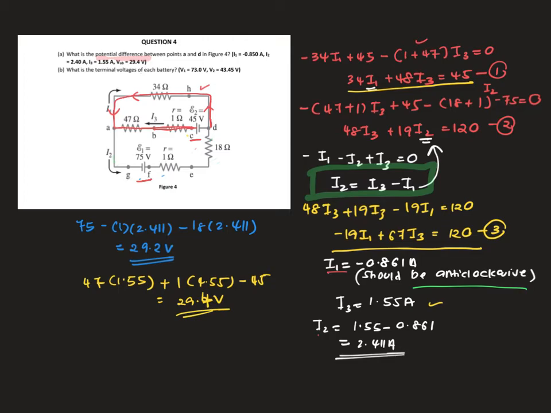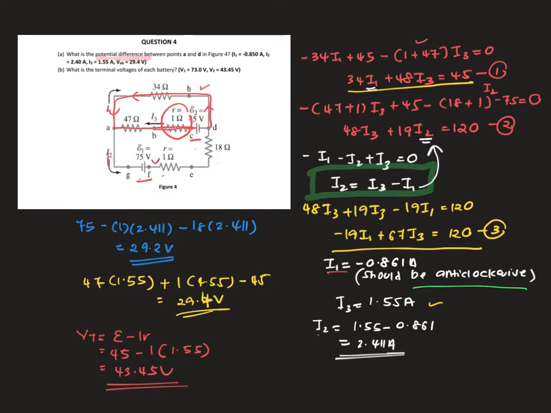So I'm going to use the formula terminal voltage equals EMF minus IR. The EMF is 45, the internal resistance is 1 ohm, negative 1, current I3 is 1.55, so my answer is 43.45 volt.